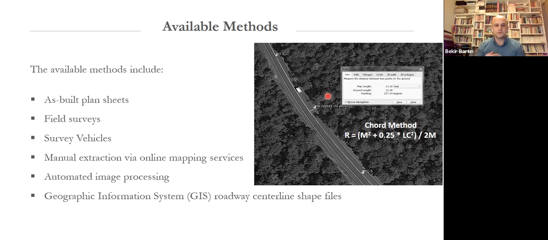So from one person to another, because there's a human, it's subjective, let me put it that way. So it is prone to errors. The other methods are automated image processing. And the last one, last but not least, is the GIS, Geographic Information System, roadway centerline shapefiles.